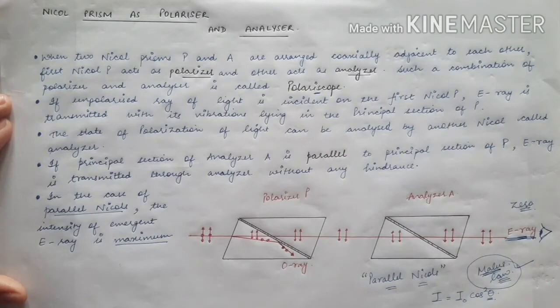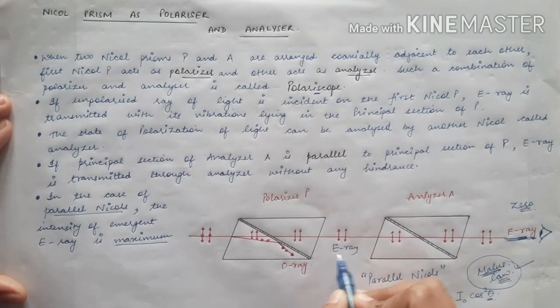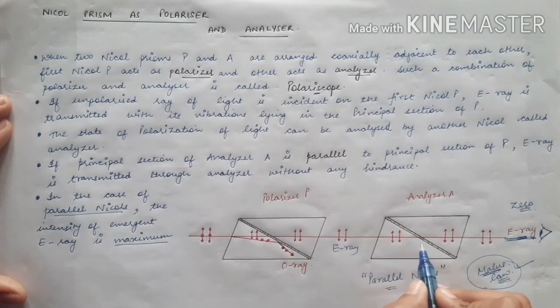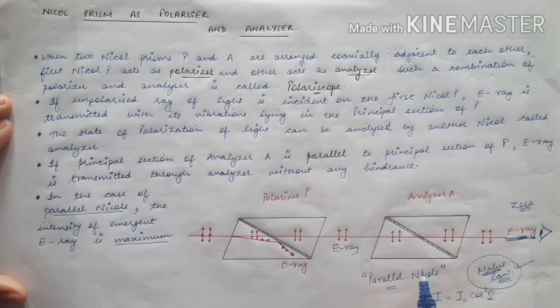That happens because in that particular arrangement, after the rotation by 90 degrees, the E ray which is emitted from the first Nicol prism will act as an O ray inside the second Nicol prism. And why does this happen?